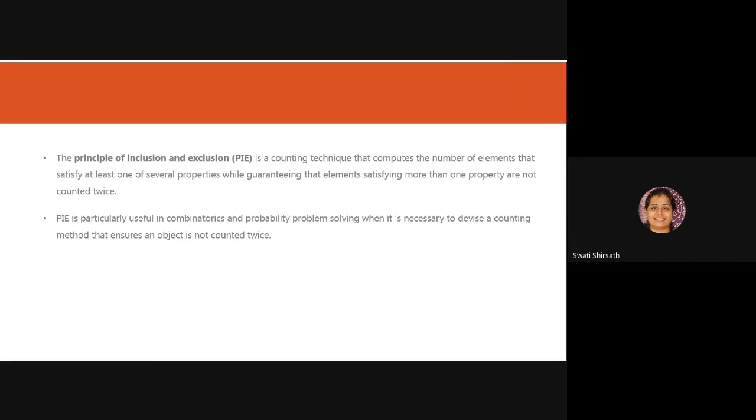Here we will get a direct formula to count the number of elements in sets where union or intersection is required to be calculated.